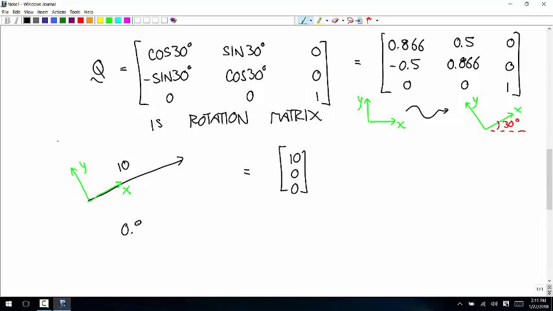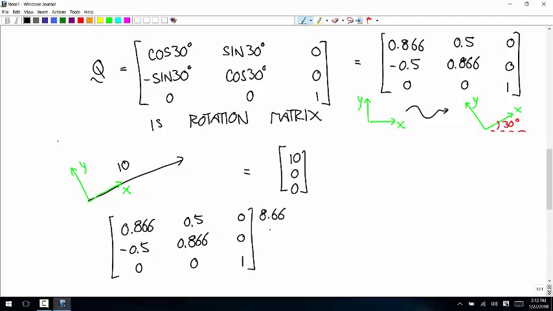So if we take 0.866, 0.50, negative 0.5, 0.866, 0, 0, 0, 1, and multiply that by our original vector in the old coordinate system, which was 8.66, 5, 0, you get 7.5 plus 2.5 for the x component.